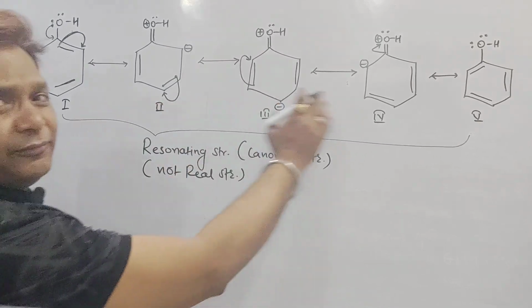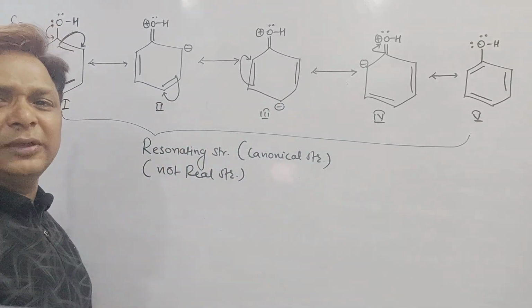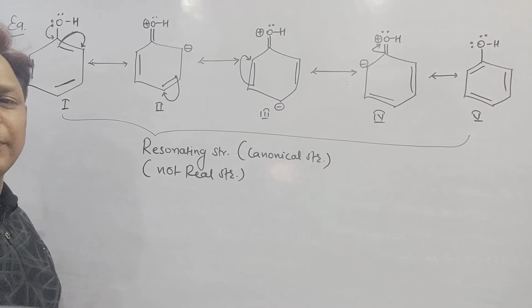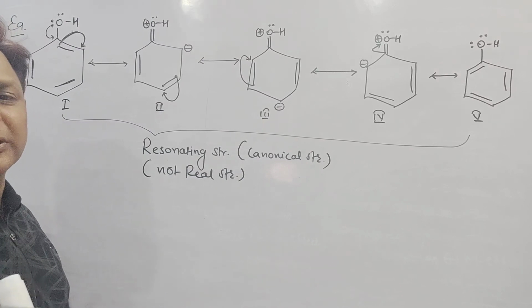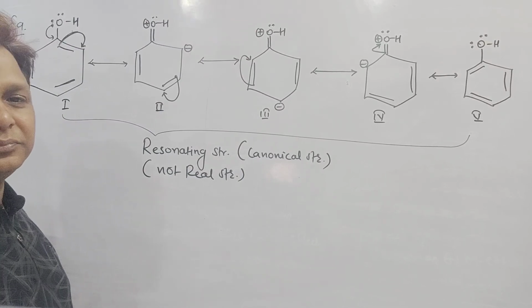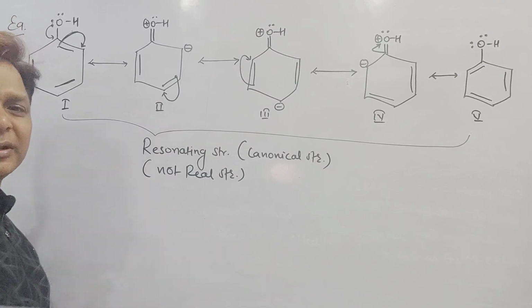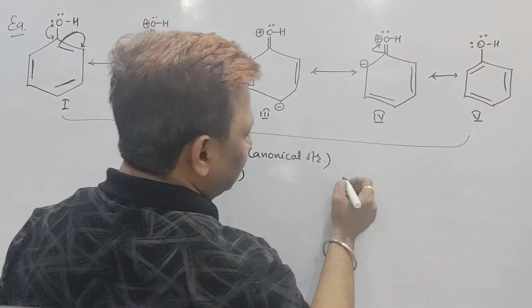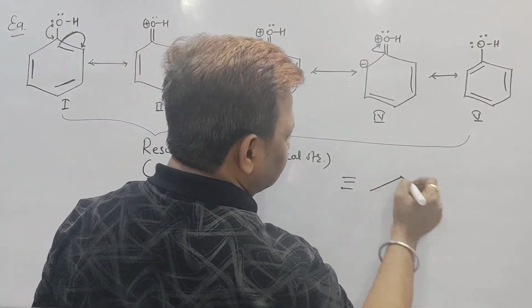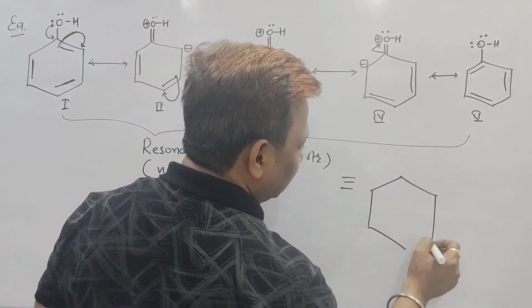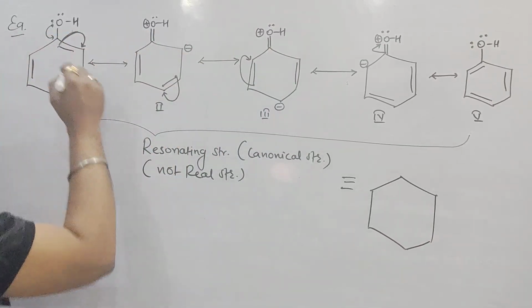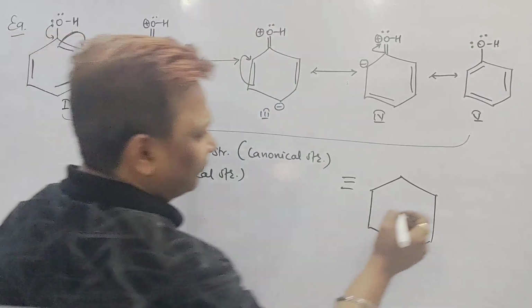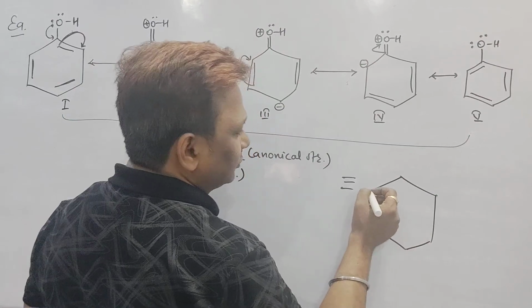But from all these 5 structures, what are we able to get? We are able to get the resonance hybrid of it. What is the resonance hybrid? For all these 5, this is the resonance hybrid I will get. Your negative charge is moving from this carbon to this carbon, beta.